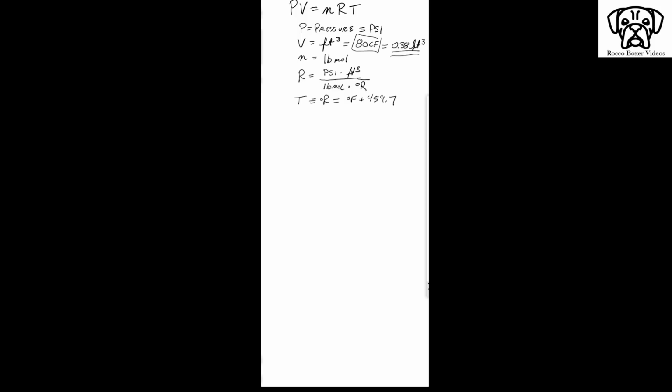So those are the dimensions we're going to need for our calculation, and now we just solve for n. If we solve this equation for n, we have n equals PV over RT.